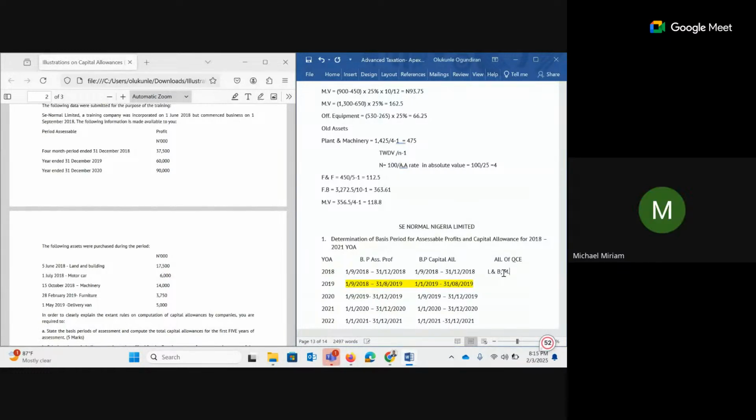So motor vehicle. Next asset. Machinery was purchased on 15th October 2018. Using the basis period for capital allowance, where does it fall? It's still in the first year. So I'll say machinery.